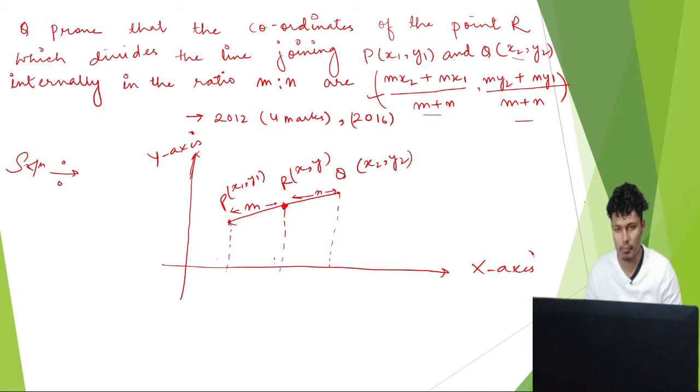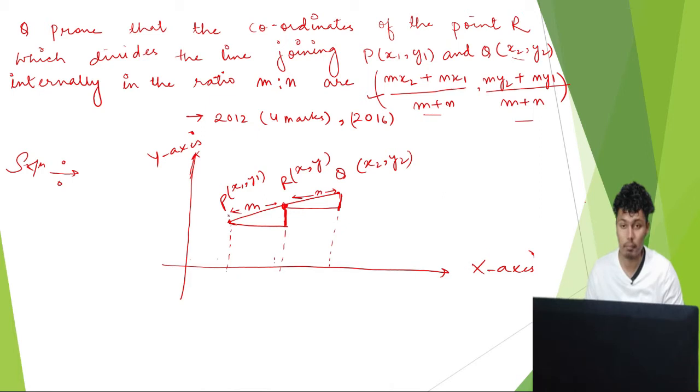Let me just make a line here. Let me make another line here. So this is also a line. These are the constructions that I'm doing to prove it.